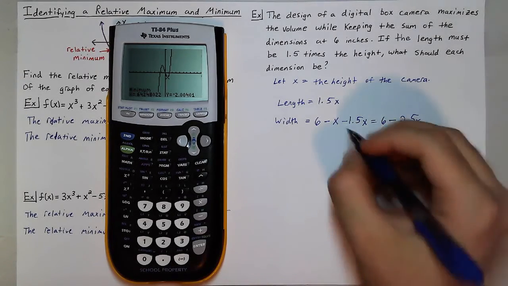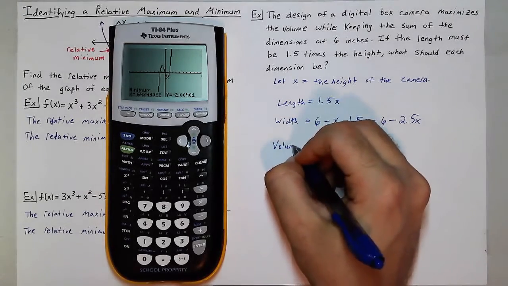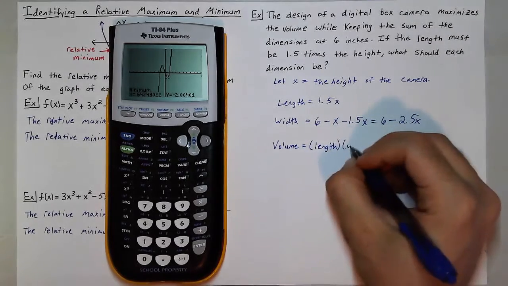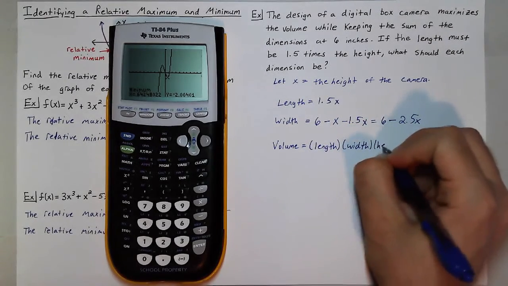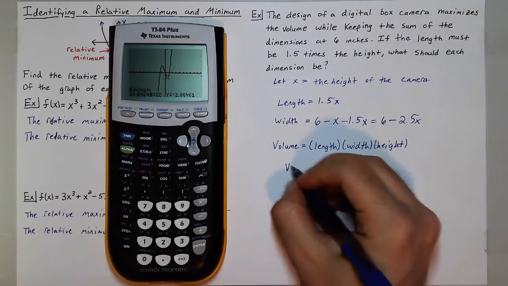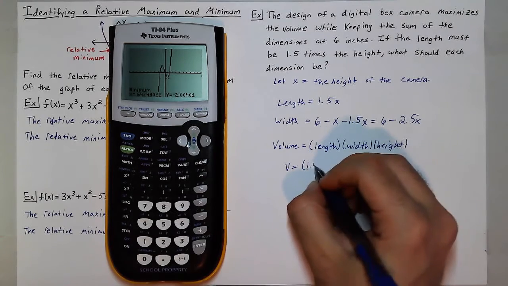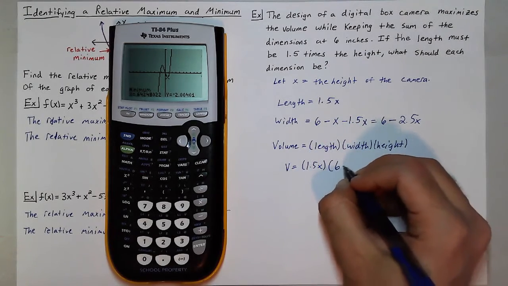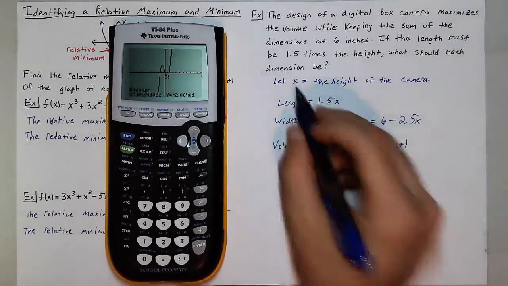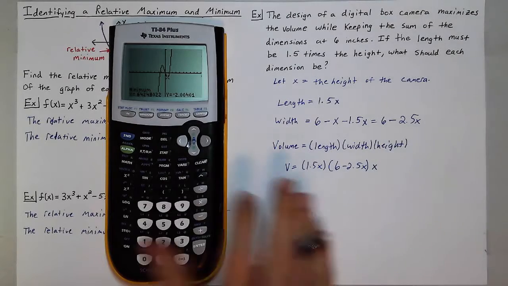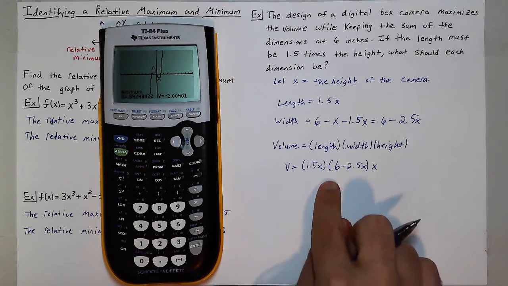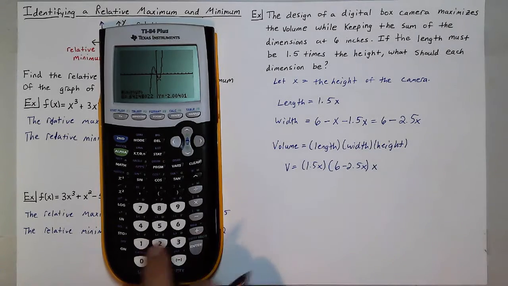Thus giving us the volume, if it is length times width times height, to be equal to 1.5x times 6 minus 2.5x times x for the height. So now it brings us to this polynomial statement, which I'm going to simplify. So first I'll distribute the 1.5.